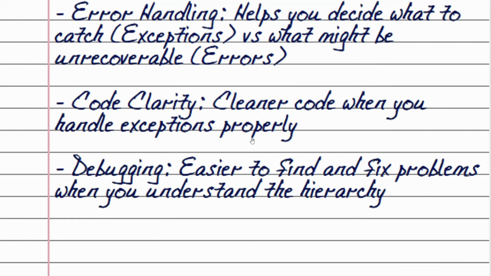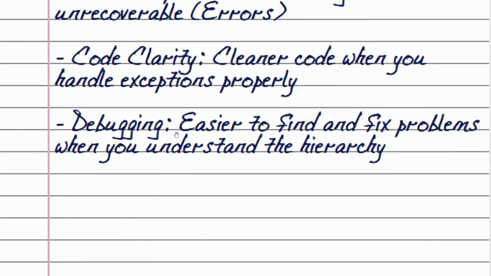If you are handling the exceptions properly, then we will get clearer code. Next is debugging. As we use this hierarchy, it is easier to find and fix problems when you understand the hierarchy. Obviously it helps to debug our code, find the problems and fix them.